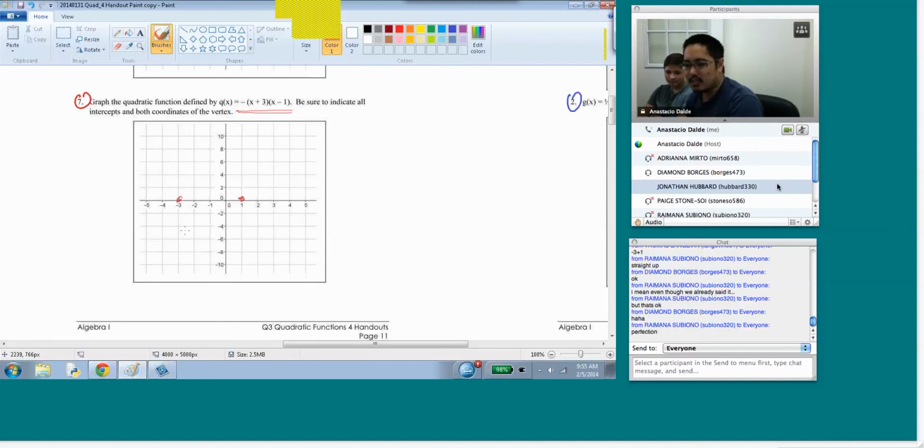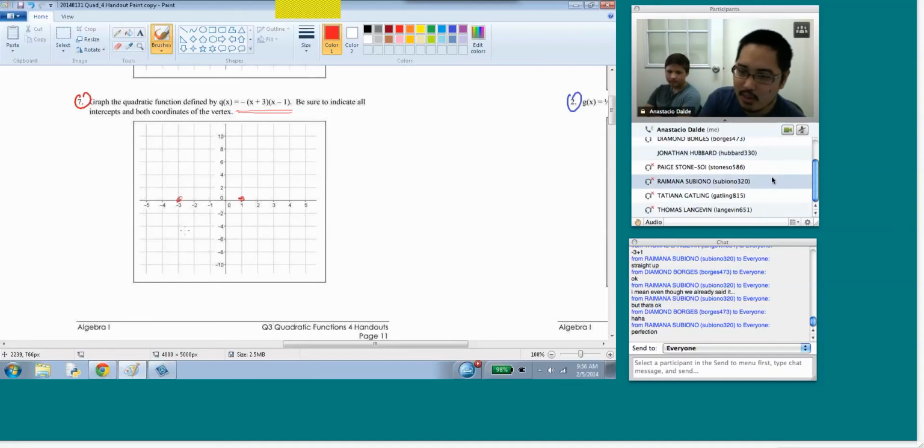Where does this thing cross the y-axis? I'm going to let anyone answer. Where does it cross the y-axis? Mitch says -2.